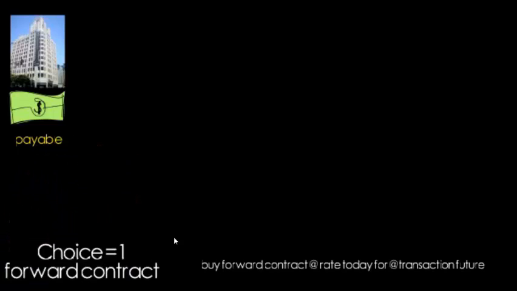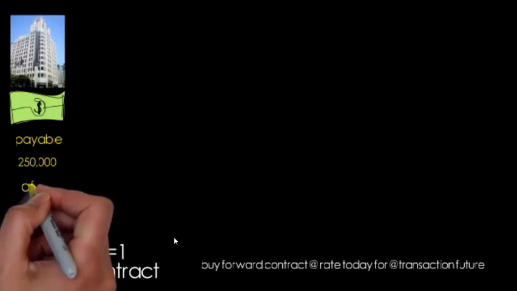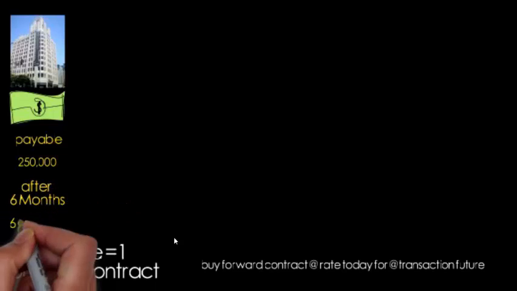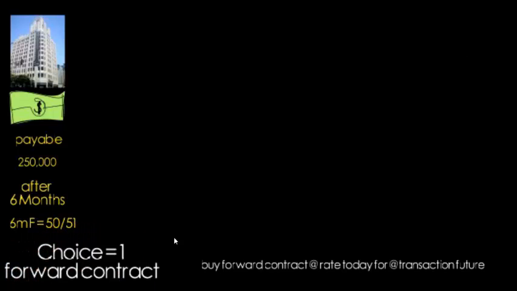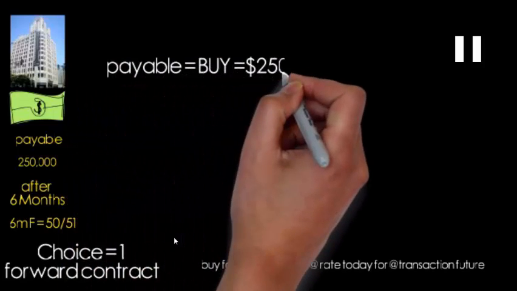Now, for example, the dollar payable is 2,50,000, that is 250,000, after 6 months, and the 6-month forward rate is 50/51. So I have a payable, that means I have the fear of a rise. So I want to hedge the same.